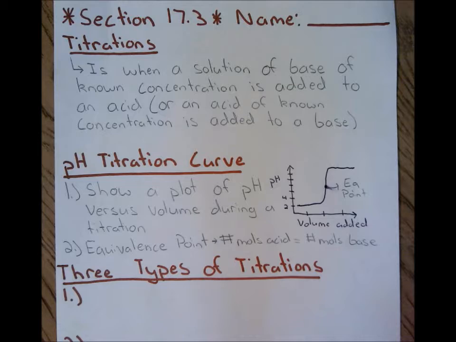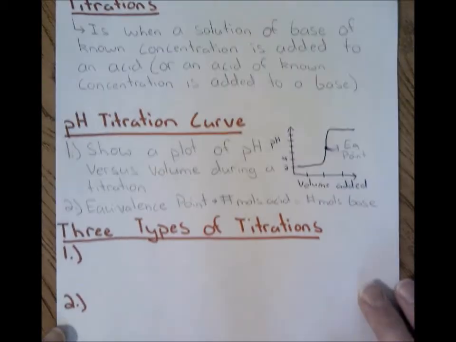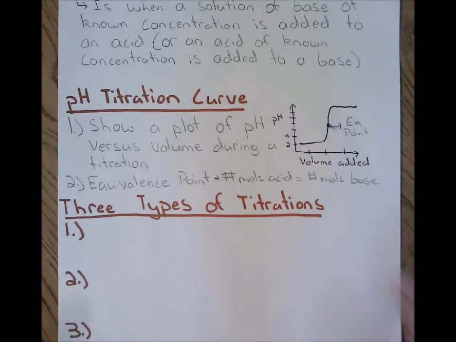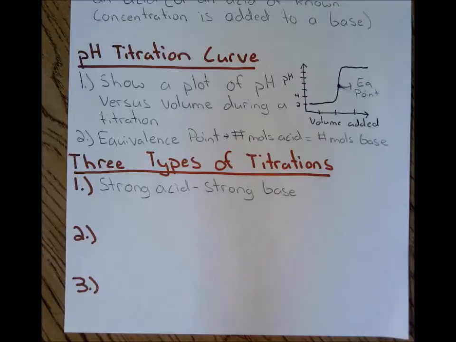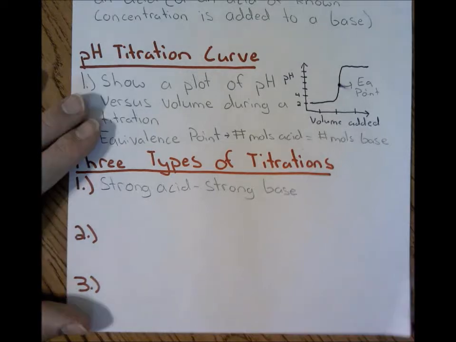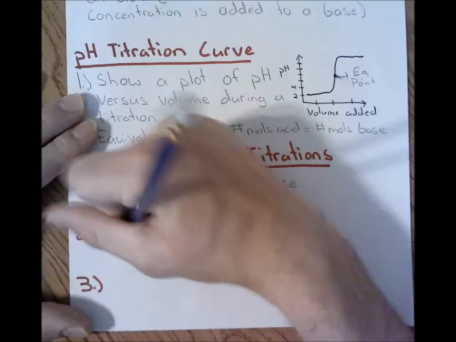Now, we have 3 different types of titrations, and really we can have a little bit more than that. But the 3 types of titration is a strong acid, strong base titration. The second type of titration is a weak acid with a strong base.